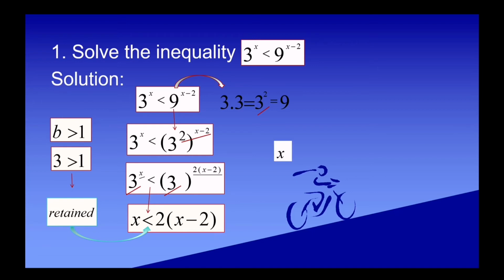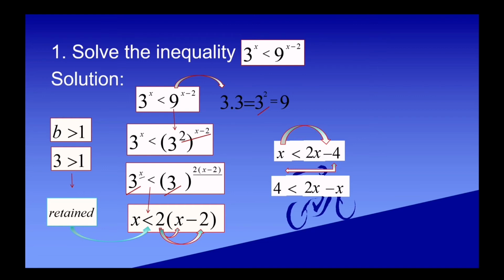So copy x, then use the inequality that is less than, then get the product: 2 times x is 2x, then 2 times negative 2 is negative 4. Then transpose negative 4 to the other side, so magiging positive 4, is less than, then transpose the x to the other side, then 2x minus x.